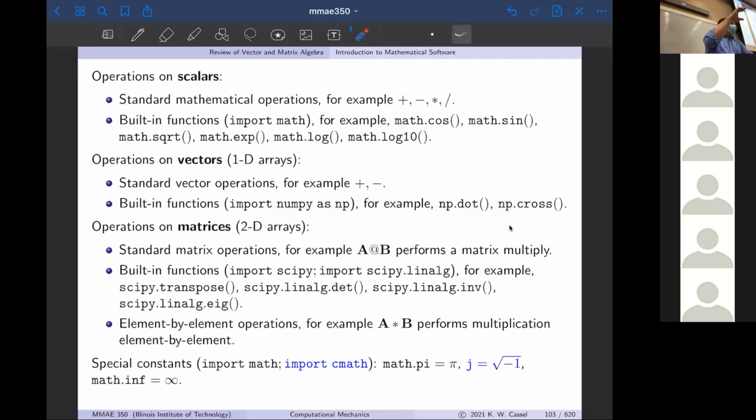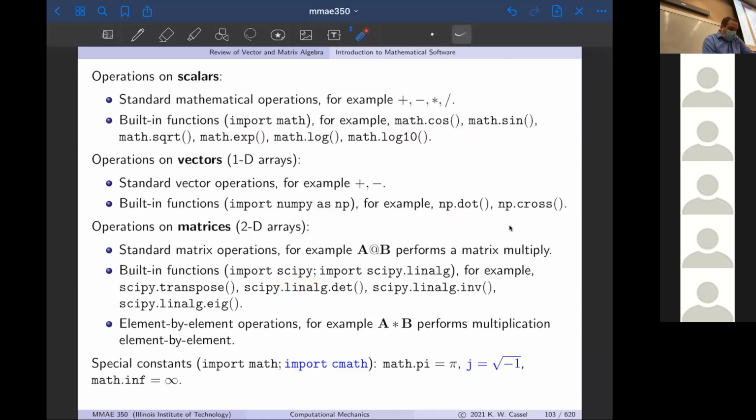So NumPy is used for array operations: entering arrays, vectors and matrices, doing basic operations on them. SciPy, which is scientific Python, has all the linear algebra operations in it, and a lot of other things which we'll see throughout the semester.